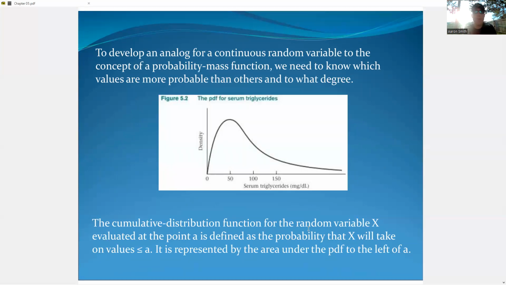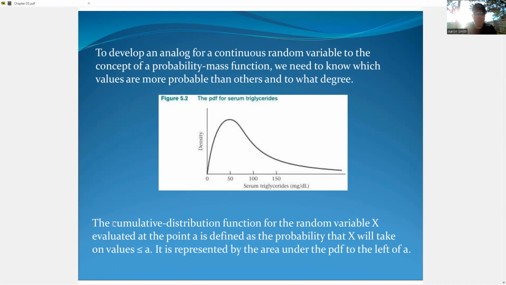If I want to know the probability of seeing my random variable between 100 and 150, I take the region underneath the curve from 100 to 150 and shade that region. That area is equal to the probability that I see a number between 100 and 150.